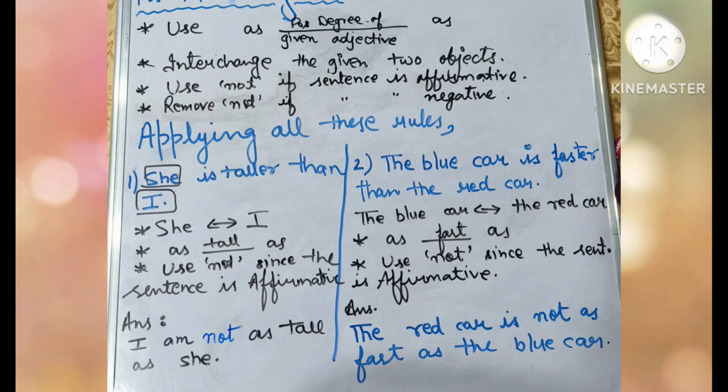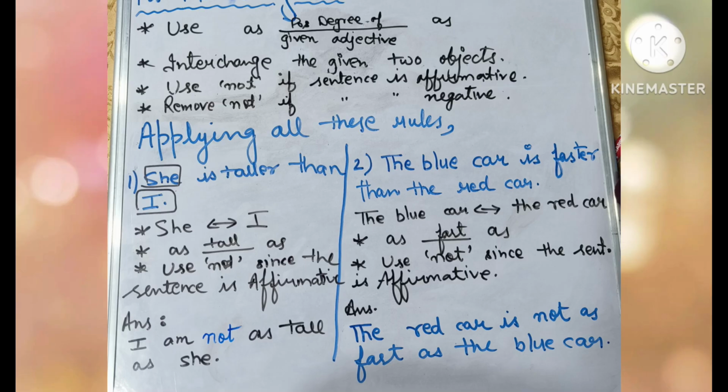The height of the girl is more, and the height of I is less. That's why we cannot say I am as tall as she. If I say I am as tall as she, the meaning will be that the height of I and she is quite the same, but it is not so. She is taller, right? That's why we are using not here, so that the meaning should not be changed.